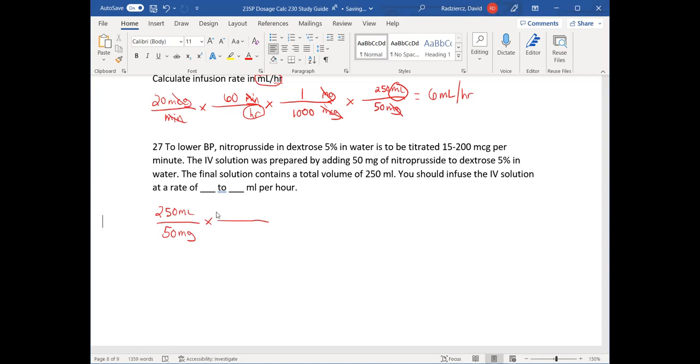Okay, so you can do this a couple of different ways. The first thing you need to be clued in on is that we have micrograms and we have milligrams. So I need to convert either micrograms to milligrams, or milligrams to micrograms. Since we already have milligrams listed here, let's just go ahead and convert milligrams to micrograms. And we'll do that this way.